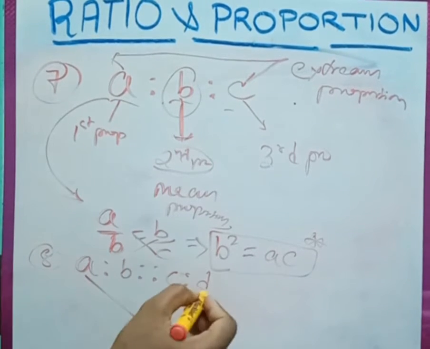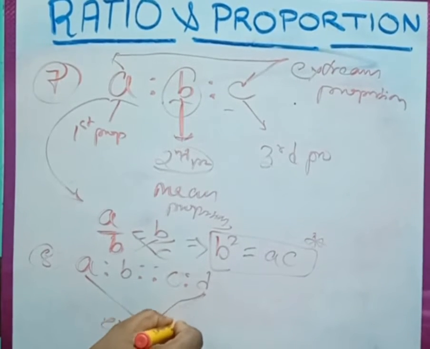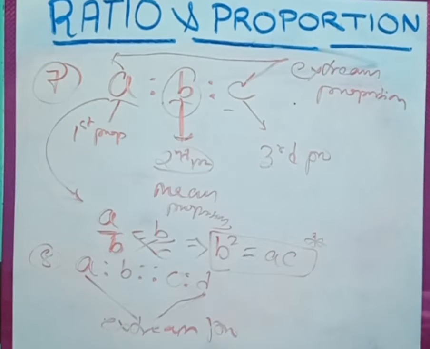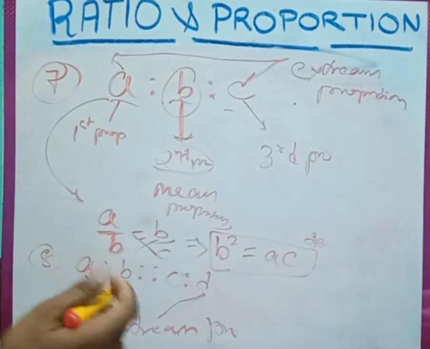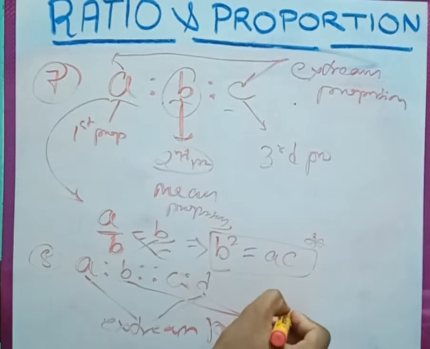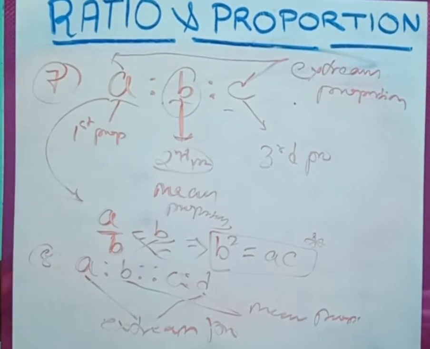Here A and D are called extreme proportions. Always remember, guys, no matter how many elements you have in one ratio, the first element and the last element are called extreme proportion. Usually you only get a comparison of 2 ratios, you won't get more than that. And here B and C are called mean proportion, because they are both in the middle. So it is a little hodgepodge, guys, so just try to understand it.